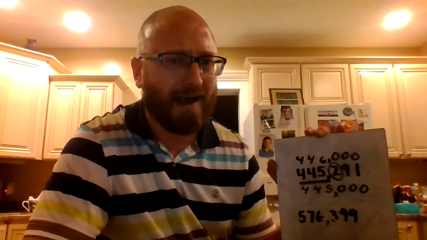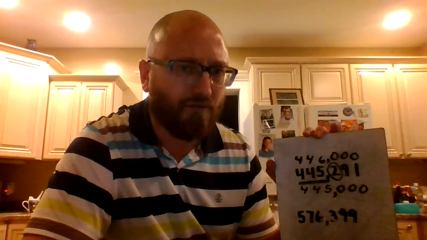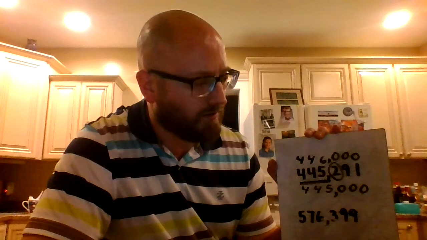Now we need to look back at the actual bossy number. The bossy number is a 2, so it's part of the 4 and down club. If it's part of the 4 and down club, that means that we need to stay the same. If we're going to stay the same, this is our stay the same number. We have a go up number. We have a stay the same number.